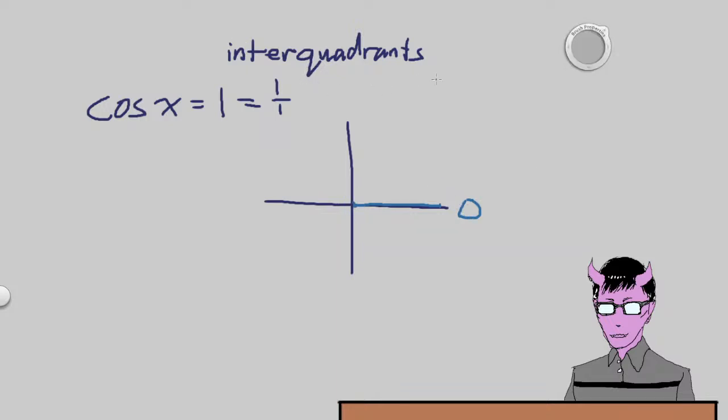And just to repeat, there aren't any domain restrictions, so we have to account for all possible solutions. One full circle rotation will take us to the coterminal angle, the exact same angle. So let's start off with a 0. So our base angle answer is going to be 0, because 0, if you just put that in here, will get you a ratio of 1 to 1.